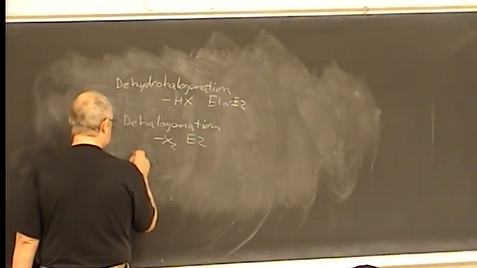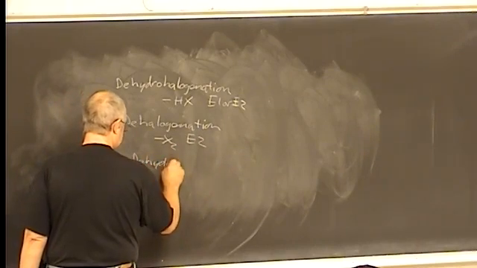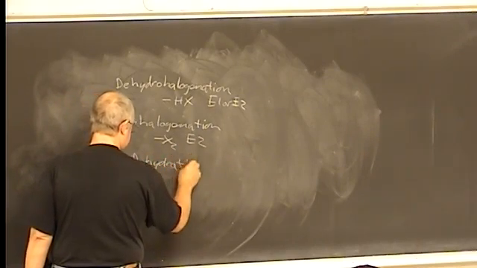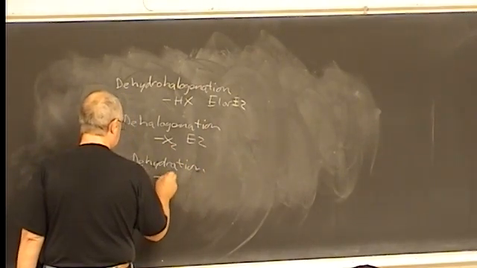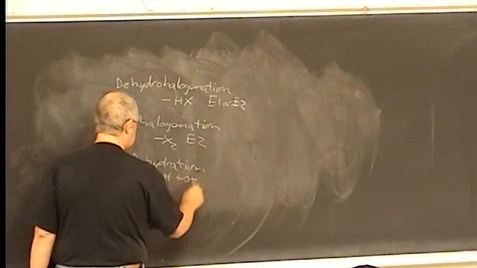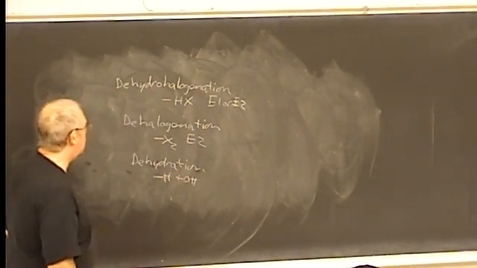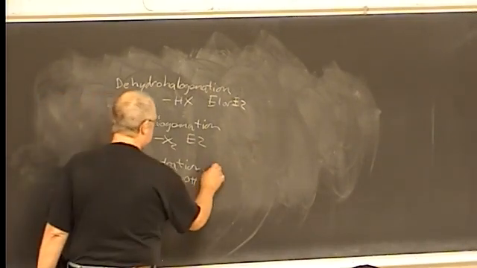And then we have dehydration. And that's removal of H and OH from adjacent carbons. Right, this elimination is E1.